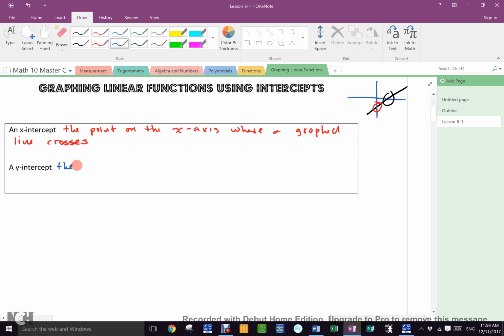The point on what? Jack? The y-axis. Right, the point on the y-axis where a graphed line crosses.